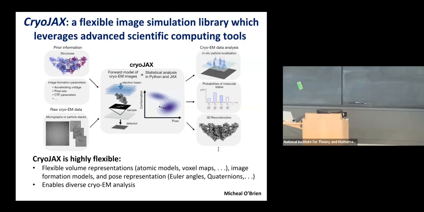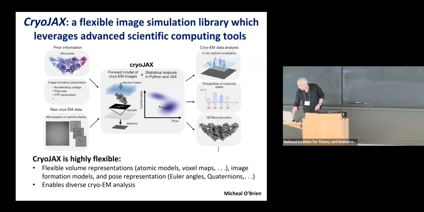And it really enables diverse cryo-EM analyses, including, like we talked about before, localization of particles, determining molecular configurations, and even reconstructions. So in CryoJAX, it's a very flexible, very powerful way of modeling the image formation process, which then lets you leverage all these very fancy and powerful statistical analysis tools from Python and JAX.